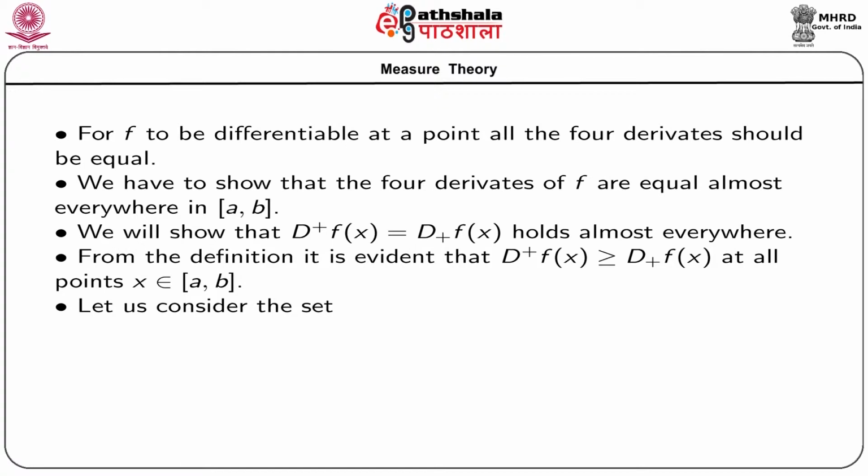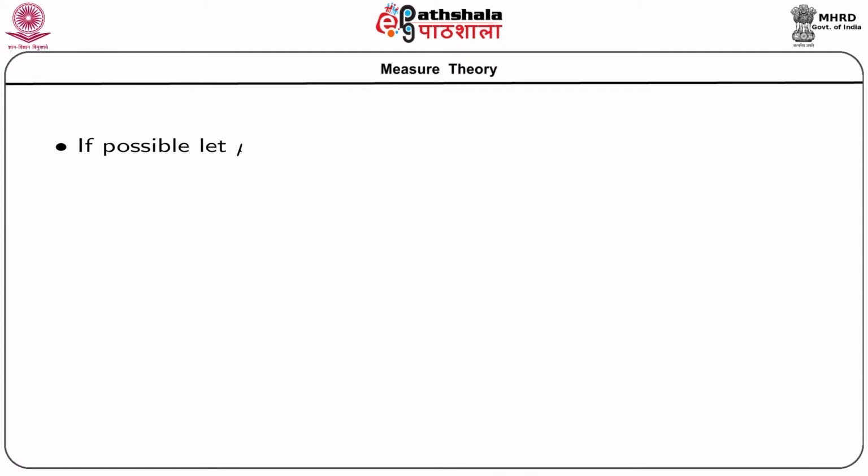So, if we can show that mu star of A is equal to 0, then evidently we will have the result that on the complement of this set capital A, d upper plus f x equal to d lower plus f x, and this will prove our assertion.